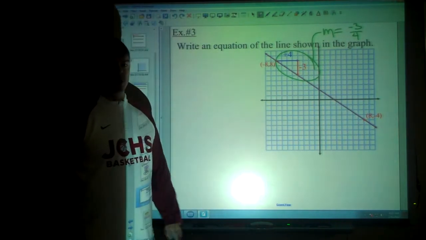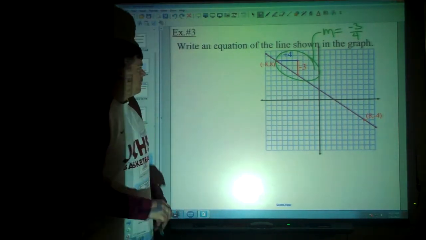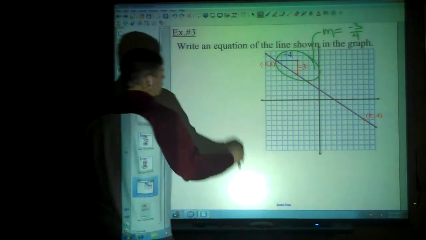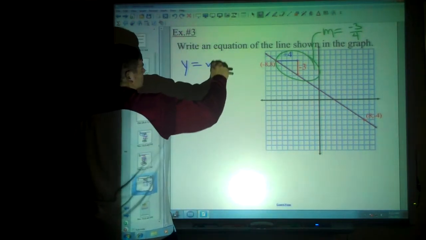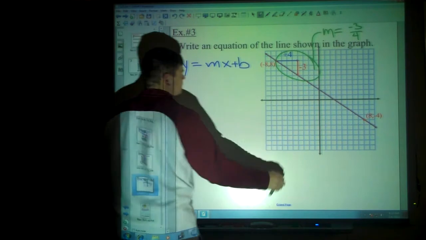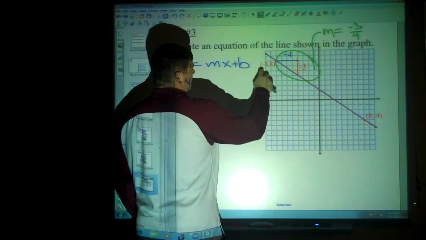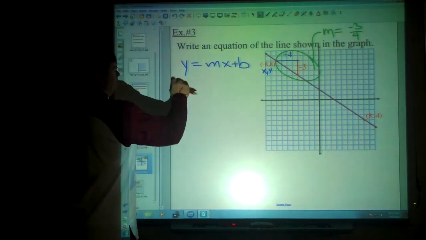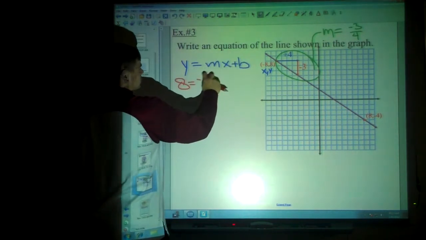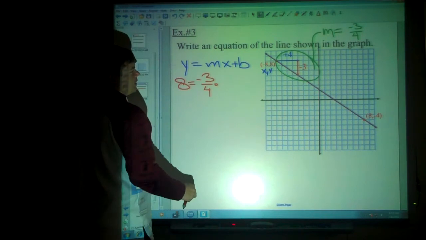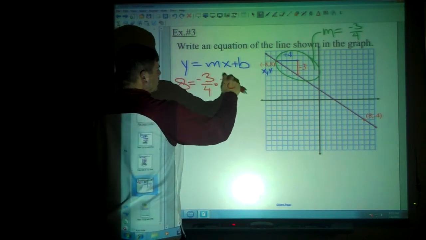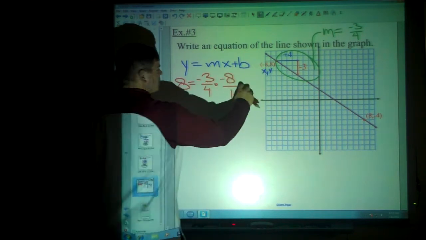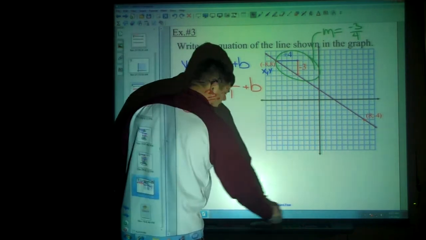It doesn't matter which coordinate, but don't use them both, just use one. We know we're going to use the form y equals mx plus b. So if I look at the coordinate (-8, 8), I have an x and a y. I can substitute 8 in for y, -3/4 for slope, and -8 for x, which I can write as a fraction by putting it over 1, plus b.